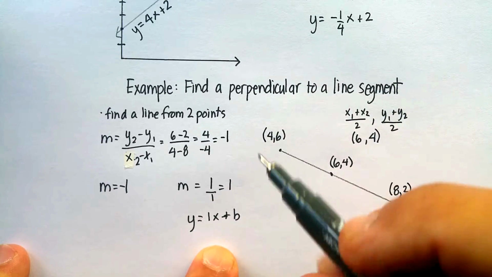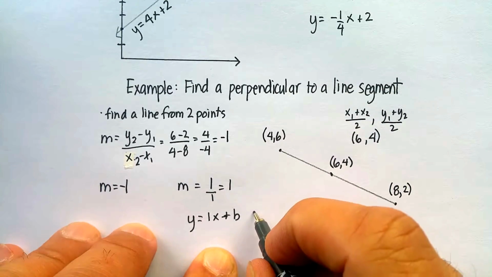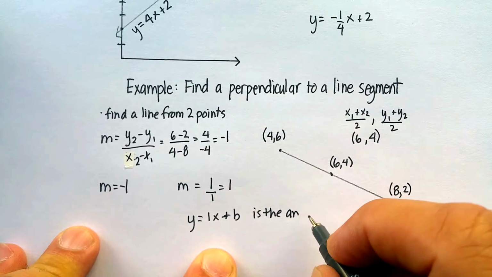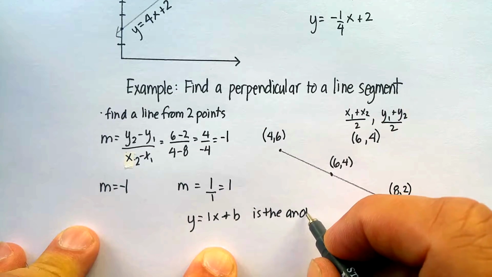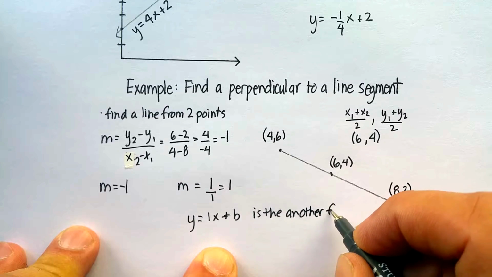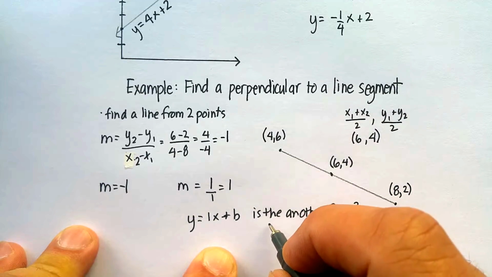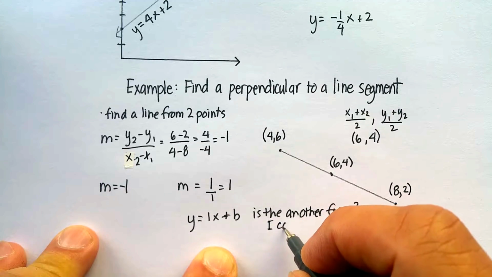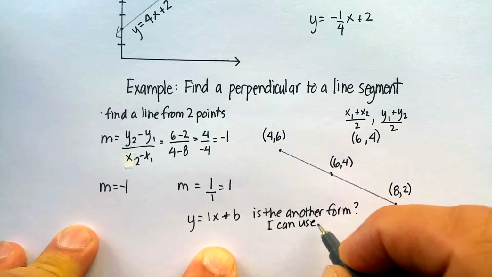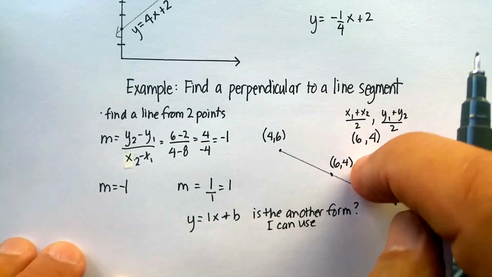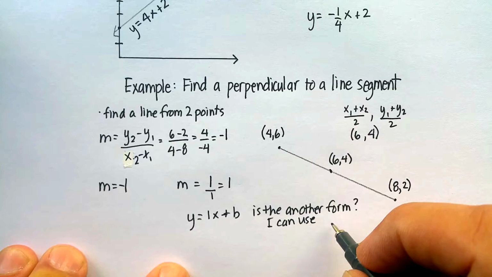So is there another form I can use besides the slope-intercept form? And there actually is. Let me just write this down so you can write it in your notes. I would use the point-slope form. Now, what is the point-slope form?